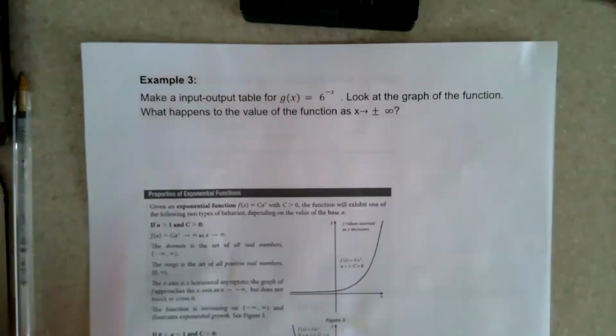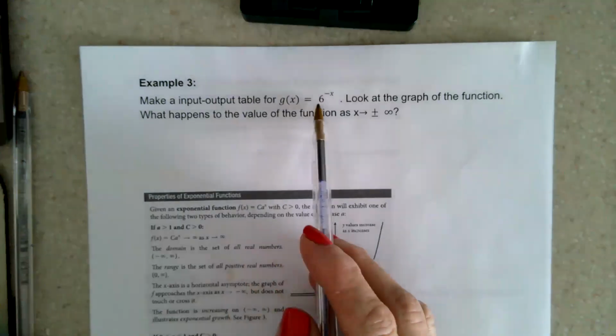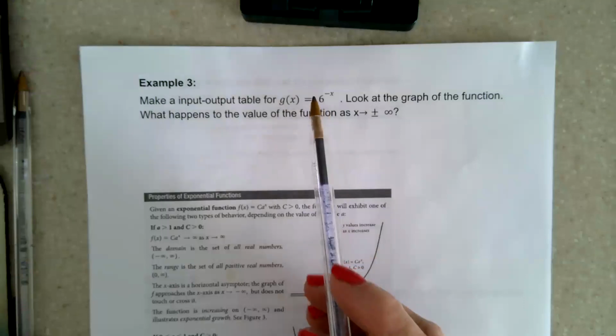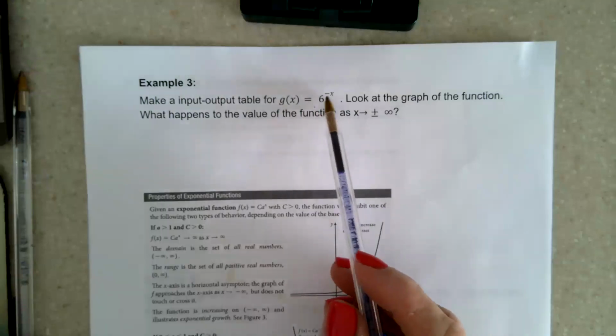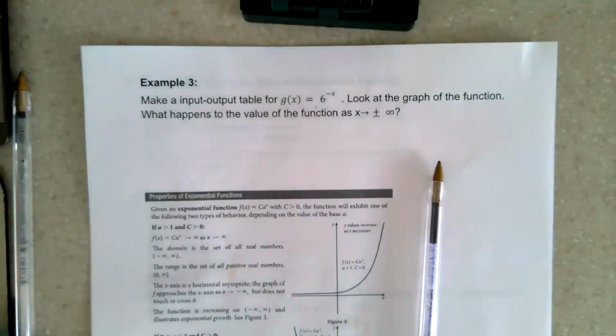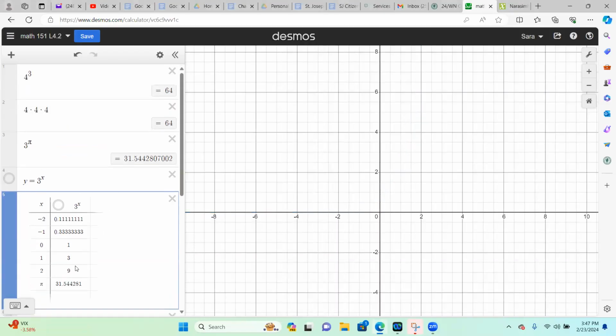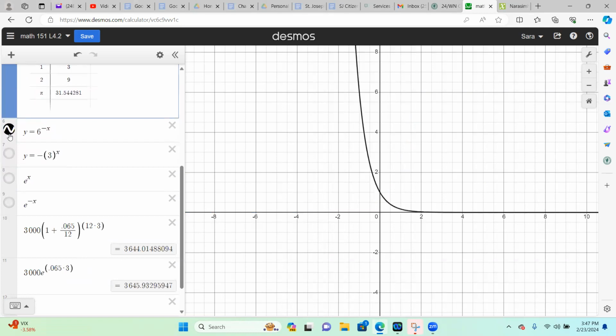So what happens if we looked at this function, 6 to the negative x? So 6 is a positive number like 3 was, but instead of going to a positive x, it's going to a negative x. So let's go ahead and look at that in Desmos and make some observations. I'm going to turn off this graph here, and I'm going to look at y equals 6 to the negative x.